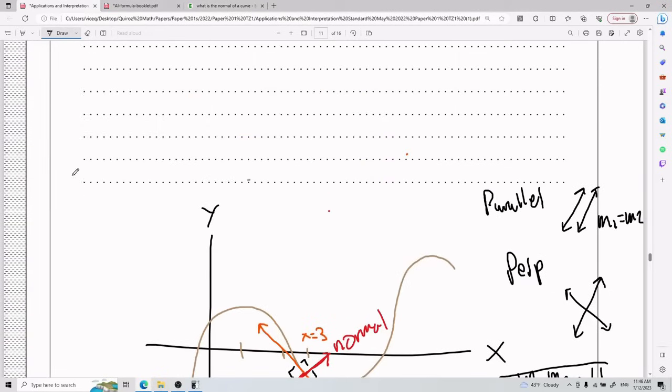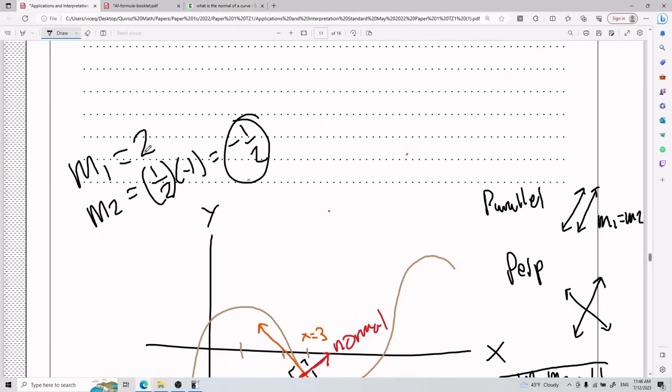So let's say my m1 is 2, and I say that my first slope is perpendicular to my second one, how do I find the second one? Well, first I flip the first one, ¿cierto? So I flip the 2, so 1/2, and I multiply by a negative. So m2 in this case would be -1/2. So this would be perpendicular slopes, okay?